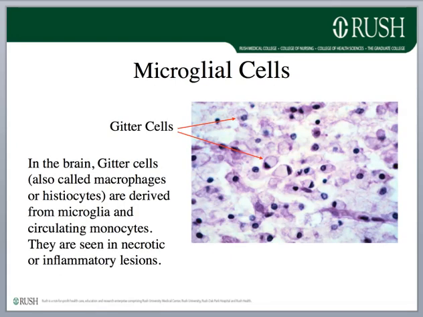And these are the so-called Gitter cells, which are macrophages or histiocytes. And these are derived from microglia and circulating monocytes from the bone marrow, and are seen in necrotic or inflammatory lesions. And they have the same function as in other parts of the body to phagocytose cellular debris and dead cells.